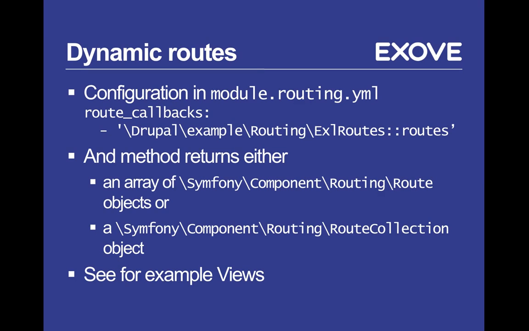Currently, I think this is not that well documented, so going to places like views gives nice examples of what to expect here, what kind of code, because views, for example, does lots of this.